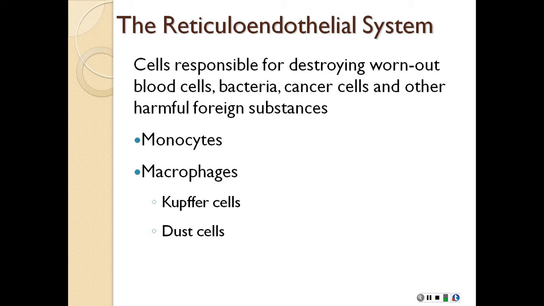So they're cells responsible for destroying worn out blood cells, bacteria, cancer cells. That's one that students are usually surprised about, that our immune system destroys cancer cells as well. So some of us may develop cancer and never even know it because our immune system takes care of it before it wreaks havoc. And other harmful substances.